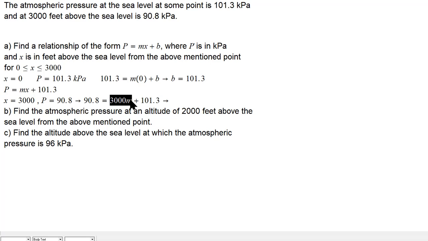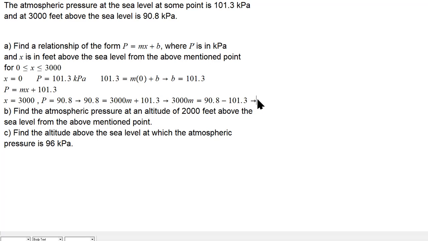So what do we get? Our 3000 m will be 90.8 minus 101.3. Let's take that difference.